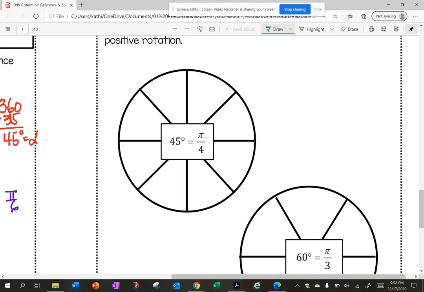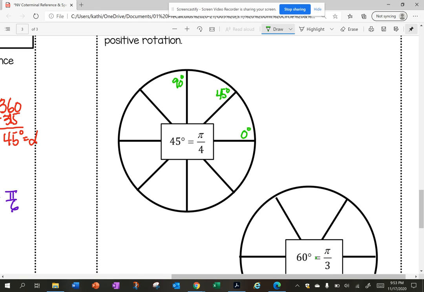So if I start out in degrees, this is going to be 0 degrees. I'm going to put the degrees on the inside. So 0 degrees, 45 degrees, 90 degrees.